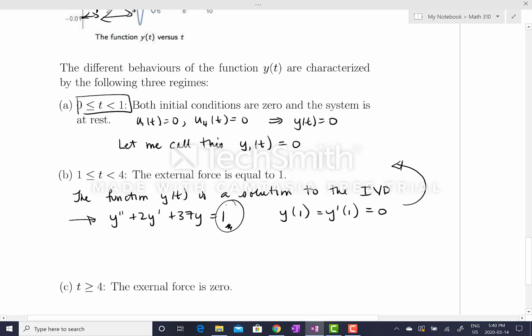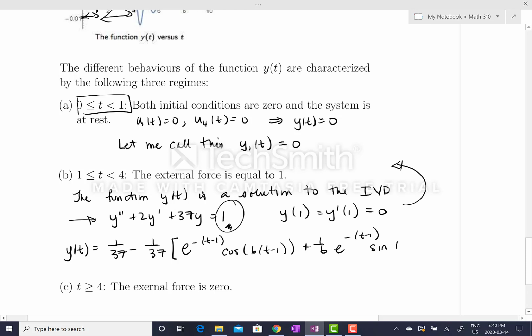During this interval, the solution looks like this: y of t is equal to 1 over 37 minus 1 over 37 e to the minus (t minus 1) cosine of 6(t minus 1) plus 1/6 e to the minus (t minus 1) sine of 6(t minus 1). There it is.